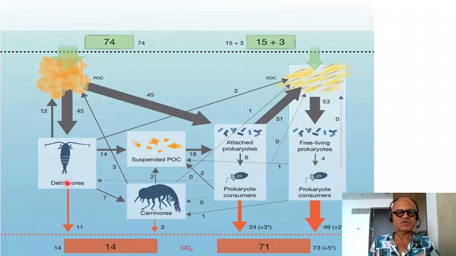There are detritivores, carnivores, suspended particulate organic carbon, which is light enough and buoyant enough that it stays there, which means it's a carbon pool. So it depends on how long it can stay there. Attached prokaryotes and prokaryote consumers, free-living prokaryotes and prokaryote consumers.